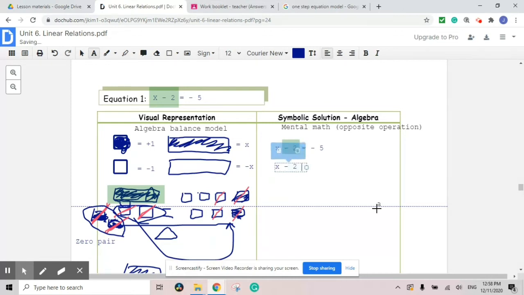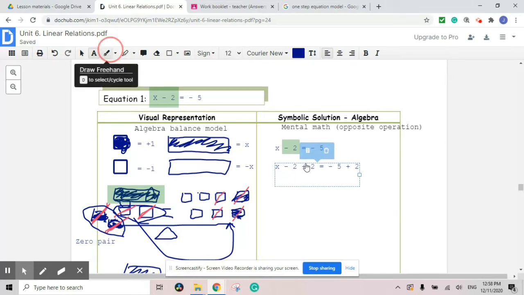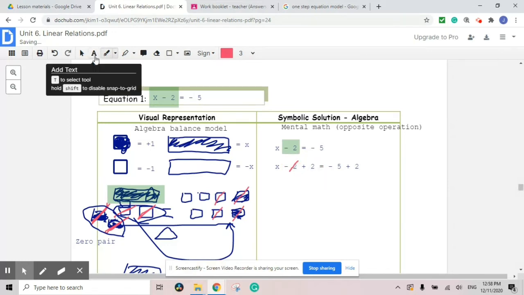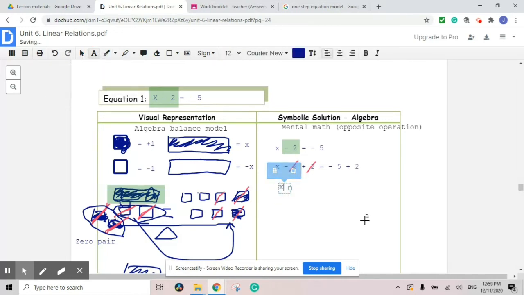So x minus 2, plus 2. But I need to do the same thing to the other side. If you do this, minus 2 and positive 2, these guys cancel each other, because that makes a zero pair. So x is equal to negative 5 plus 2, which is minus 3. That's how you solve a one-step equation.